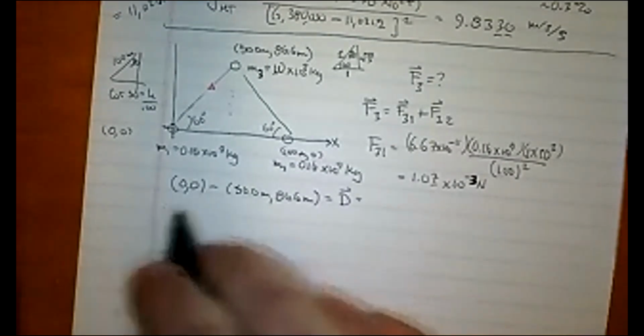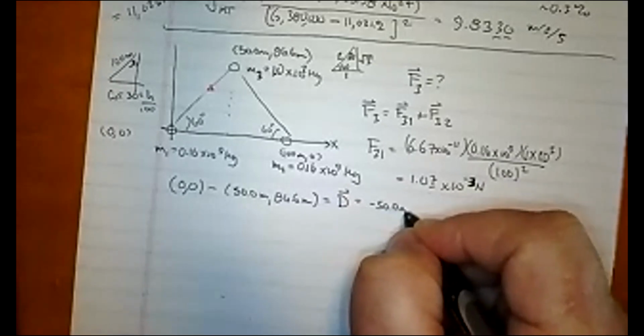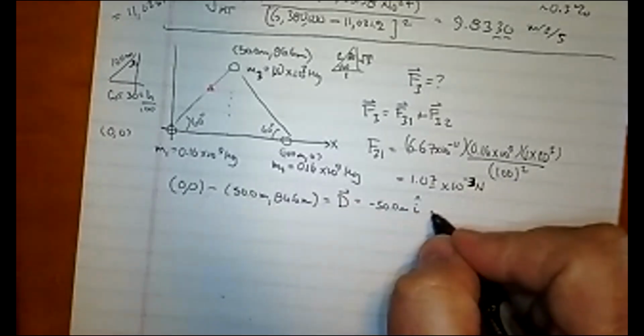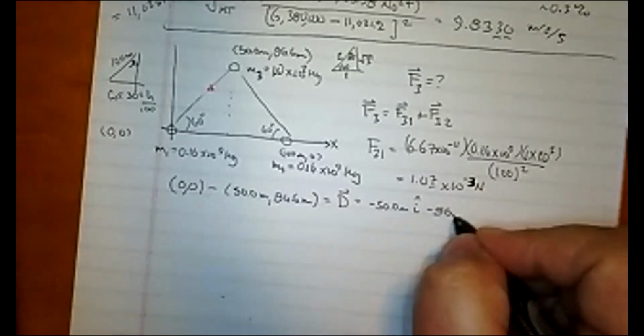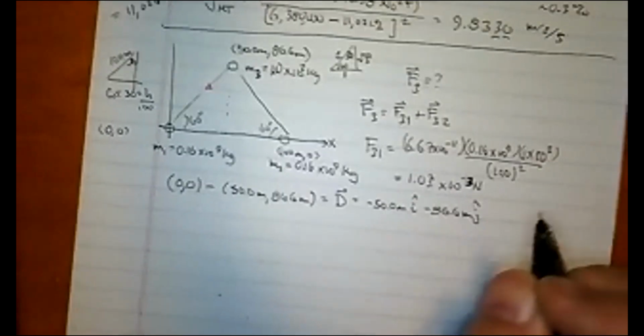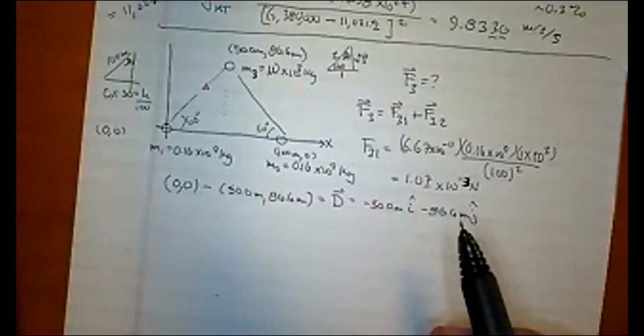I could say 0 minus 50, that's negative 50.0 meters i hat. And 0 minus 86.6 gives me negative 86.6 meters j hat. And that vector is literally the vector that points from here to here. It's that long and everything.